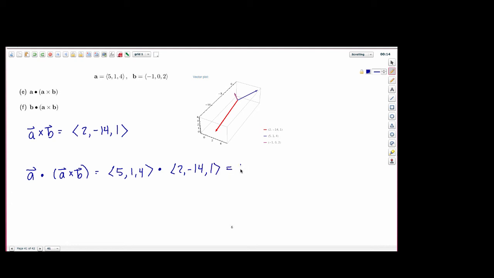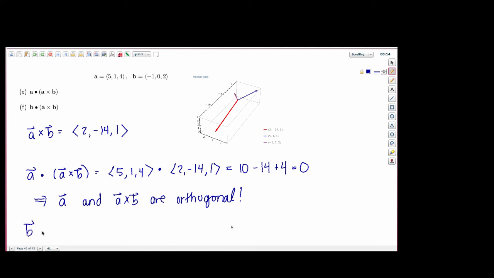So when we do this, we get 5 times 2 is 10, 1 times minus 14, so minus 14, plus 4, which gives us 0. So A dotted with A cross B is 0, and remember that tells us that A and A cross B are orthogonal, or perpendicular, vectors. So A cross B is orthogonal to A.